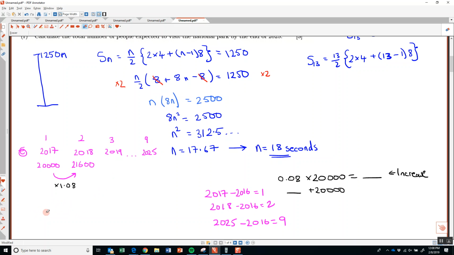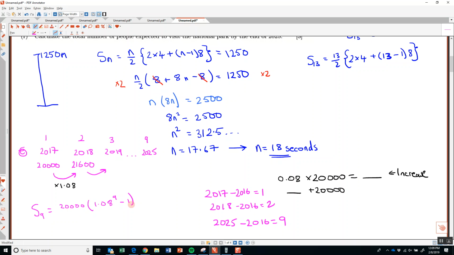Alright, so just quickly to do this, we want the sum of the first 9 terms. This is what type of sequence? Geometric, good. So the geometric sequence is U1, which is 20,000, multiplied by r, which is 1.08, to the power of what, Jaden?